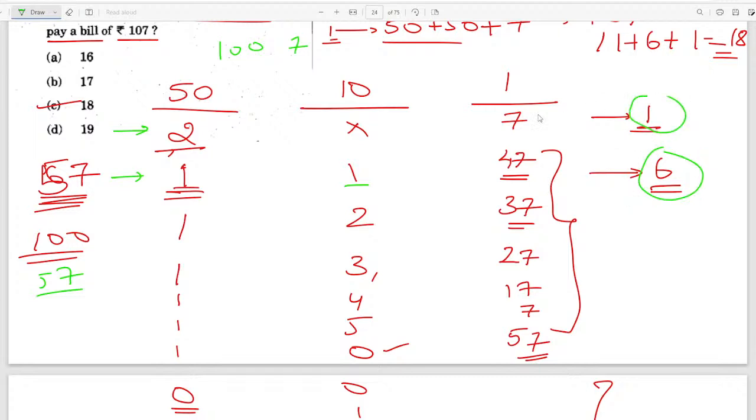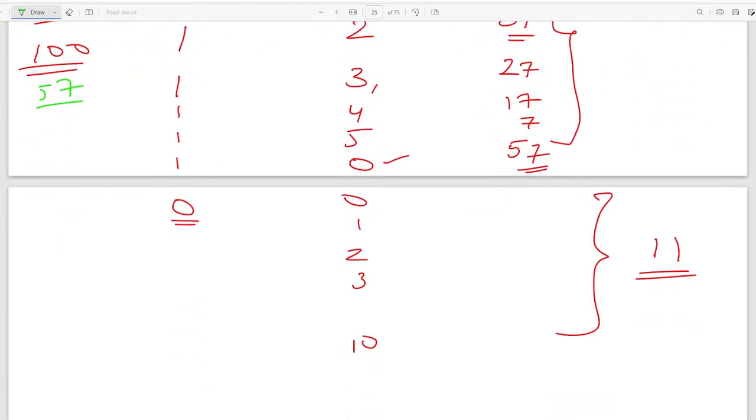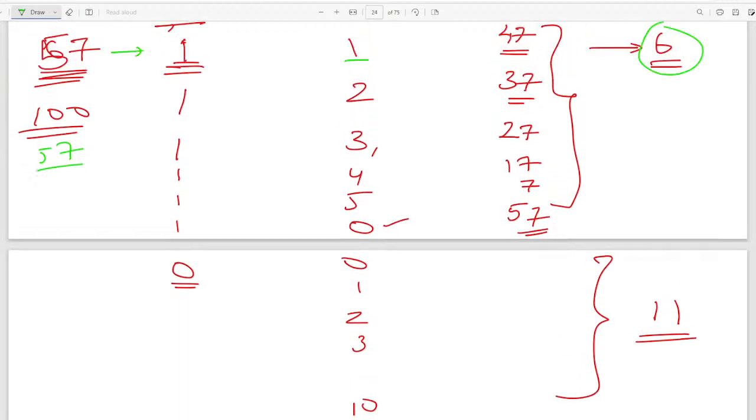There is one way in which you can pay the bill using 2 fifty rupee notes. And when you don't use any 50 rupee note, there would be 11 ways. For example, if you don't use any 10 rupee note, you can use 107 one rupee notes. Then if you use one 10 rupee note, you can pay 97 rupees using 1 rupee notes.